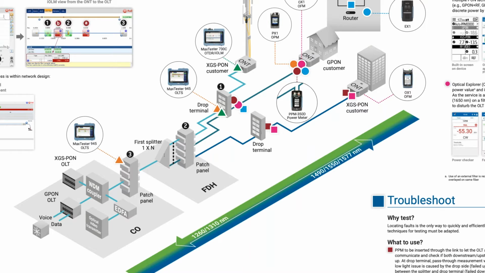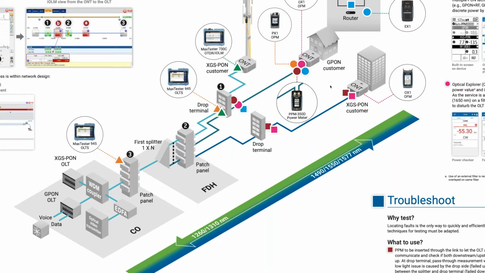Maybe the anomaly that we're looking for is between the CO and the splitter. If one of the customers is not operational and the other customers on that splitter are, then there's a good chance that it's the link between the customer and the splitter. So that's a pretty basic decision tree.